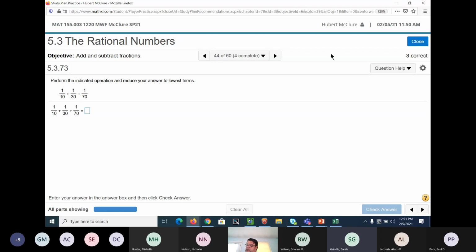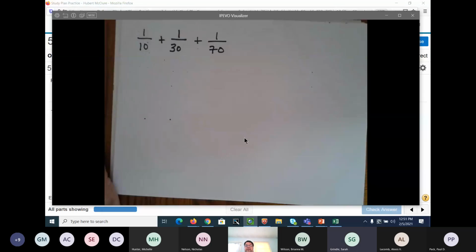1/10 plus 1/30 plus 1/70. God, this looks like at least 5 or 6 test questions on the test. I don't like this one. I like this one because people won't even do them.